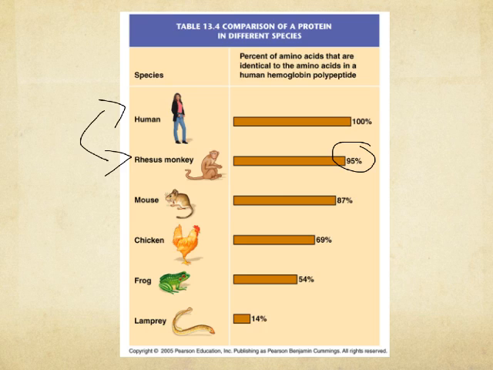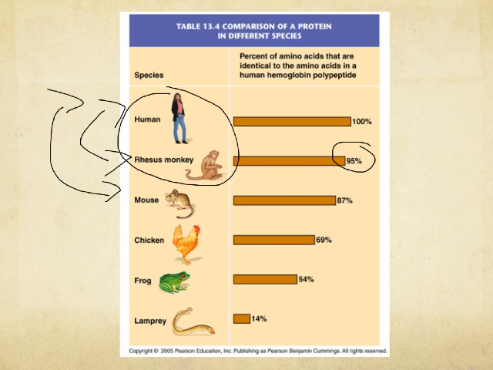That means that we evolved separately from one another more recently than humans and mice, who have a bigger difference in that protein sequence. So we share a more recent common ancestor than the humans and the mice do. And you can keep going down the line. The human and the lamprey shared a common ancestor a very, very long time ago because our protein sequence is not very similar, so we've had more time to gain more differences.